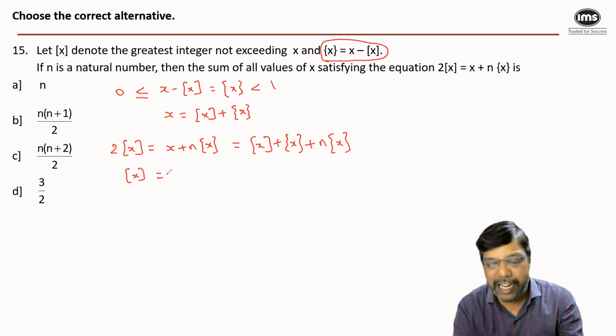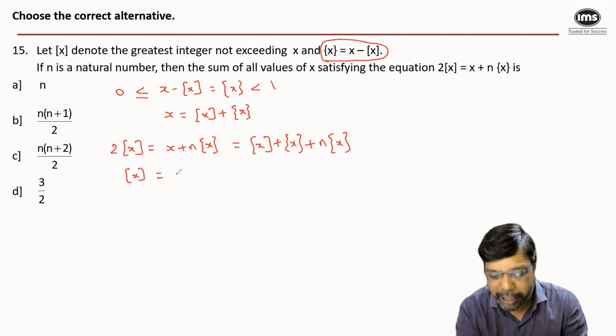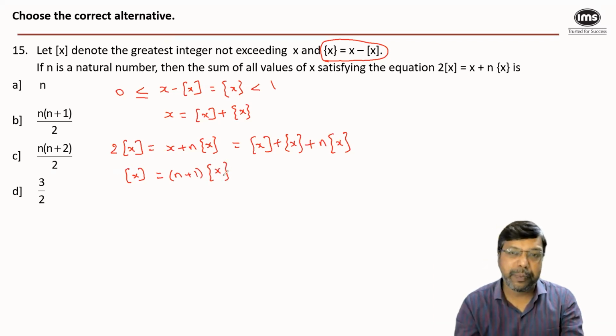And on the right side, if I take {x} common, I get (n plus 1) into {x}.